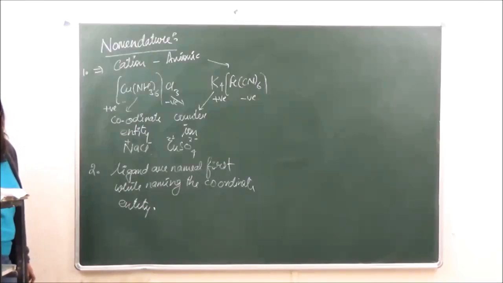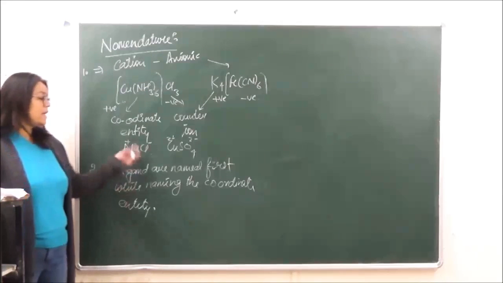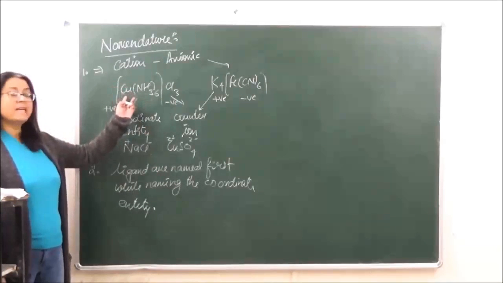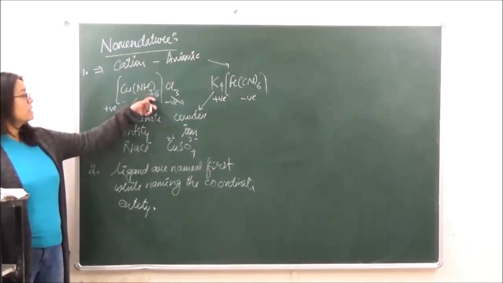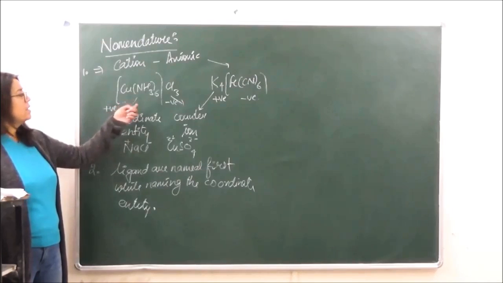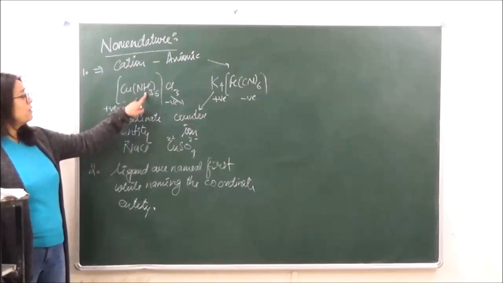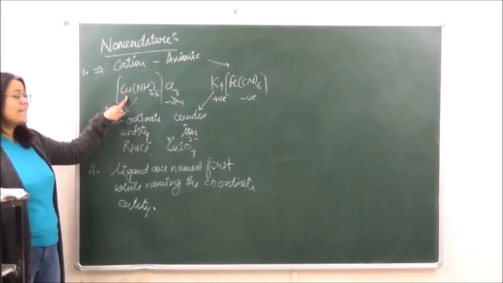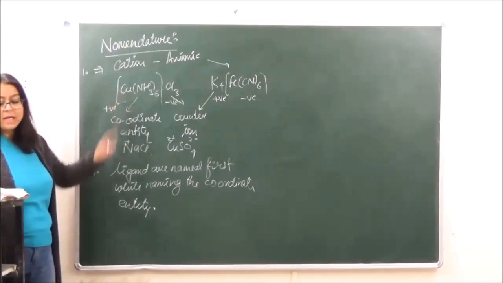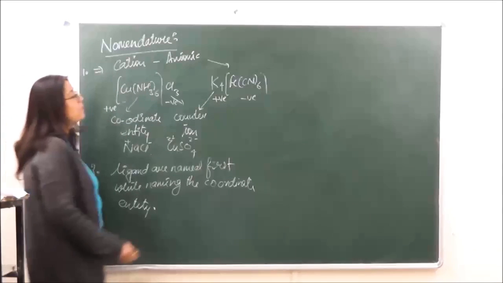So first of all we are going to name the ligands and then the central metal ion. If this is the coordinate entity over here, we are only doing the naming of the coordinate entity first. So you will first name the ligands and then the central metal ion. Right? So let's see how you're going to name the ligands.